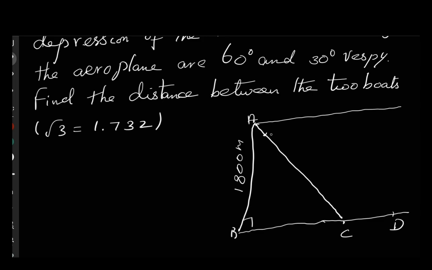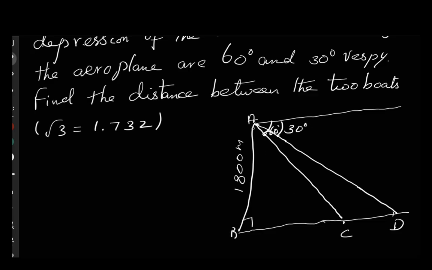You are getting one angle here. And I am looking at the boat far from this, position D, here one angle of depression. The two angles of depression are given as 60 and 30. So the greater angle is 60 and the smaller one is 30.